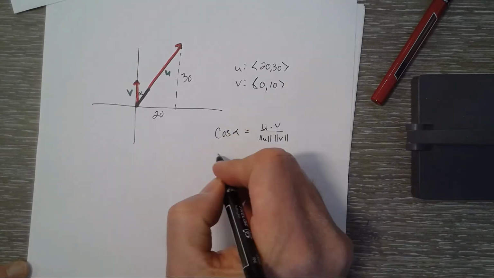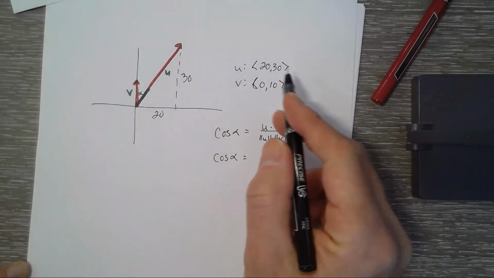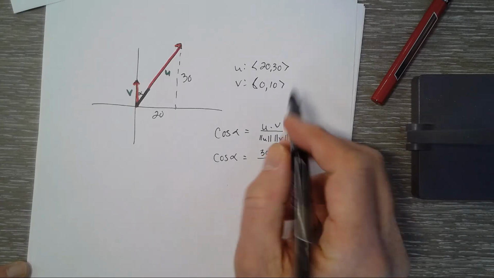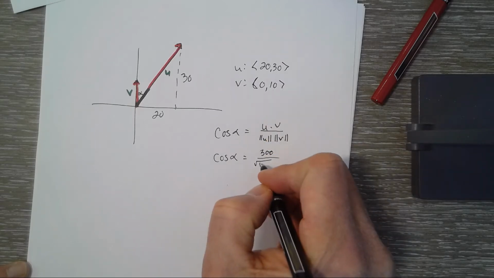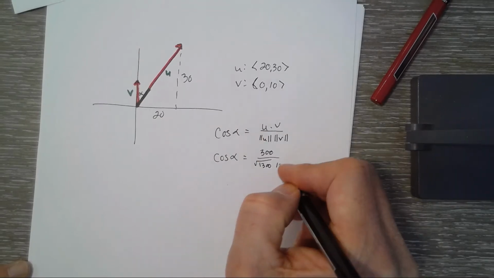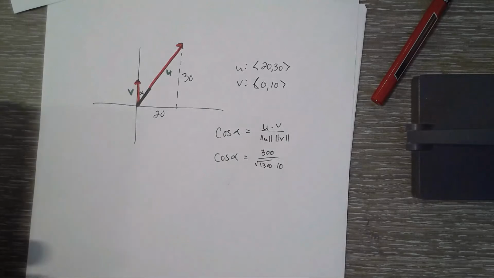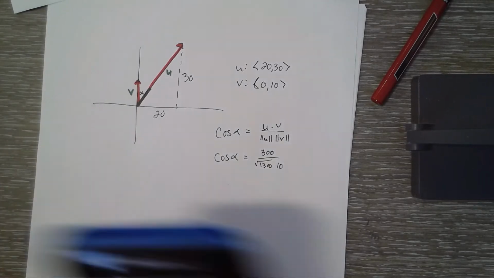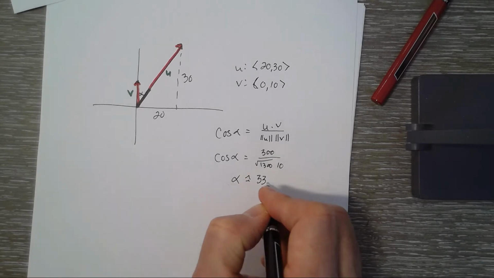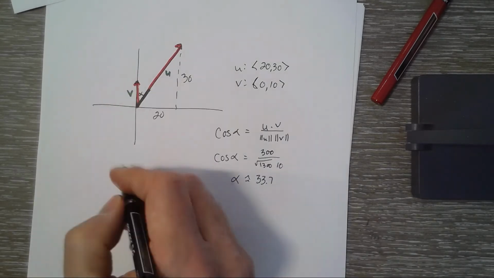So cosine of alpha equals 300 over the square root of 1300, and then the magnitude of V is still 10. So then we can find the inverse cosine of all that. We get 33.7. Okay, so we have this angle, 33.7.